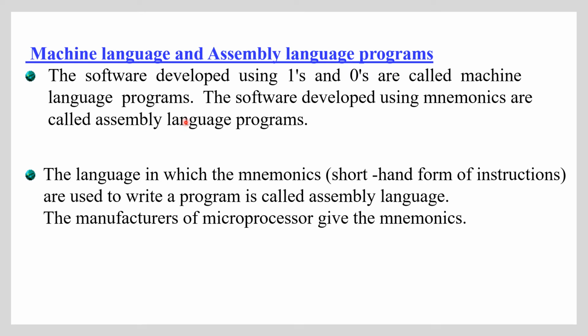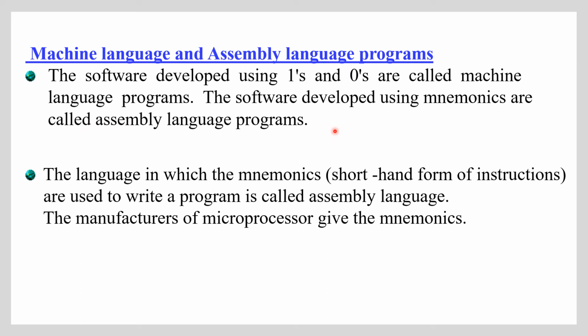When we are dealing with ones and zeros, that is nothing but machine; the machine understands the ones and zeros programming language. The software developed using mnemonics, certain shorthand forms of instruction, is called an assembly language program.